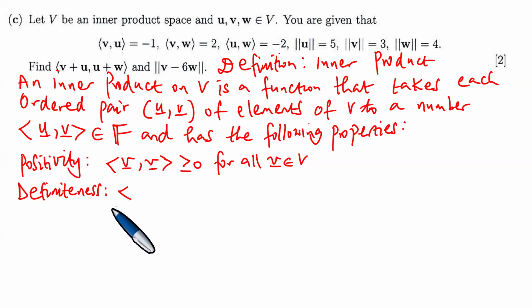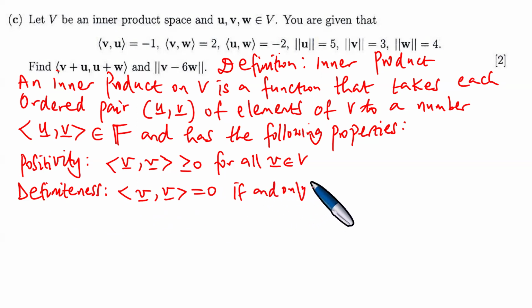The definiteness condition is that the inner product of v with itself is 0 if and only if v is the zero vector.